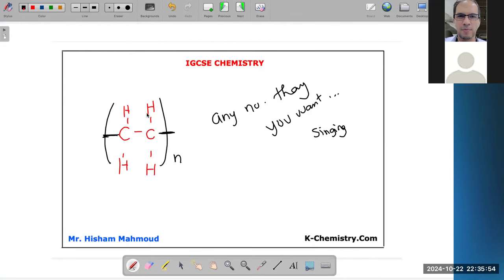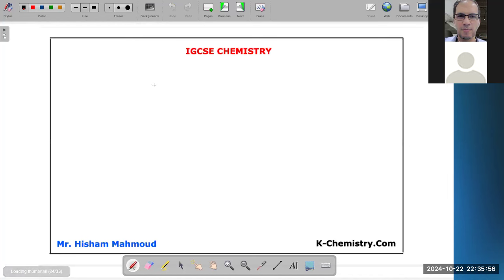Yes. If you have anything dangling from the compound, just keep it up and down. If you have C double bond C, and then H, and you have a little monkey here, let him dangle as you want.